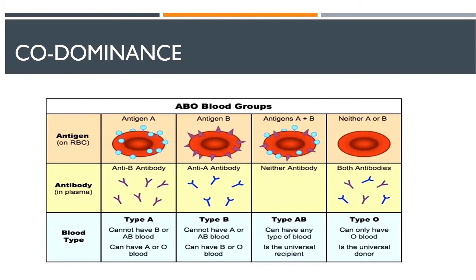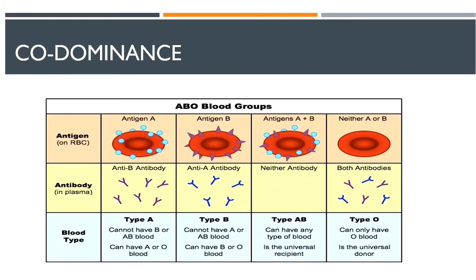The blue ones are antigen A, and these triangles or spike-like things are antigen B. These are the sugar receptors which are controlled by the I gene. The IA allele and the IB allele produce slightly different kinds of sugar from each other, whereas the small i allele produces no sugar.